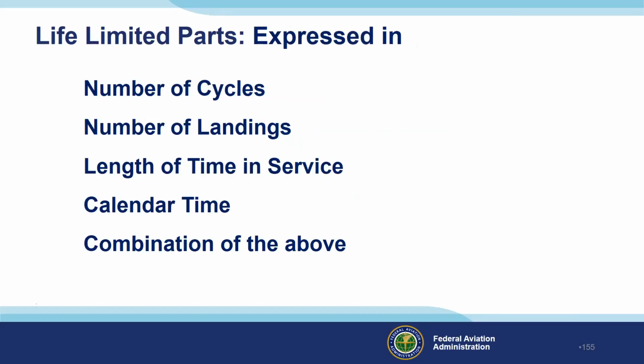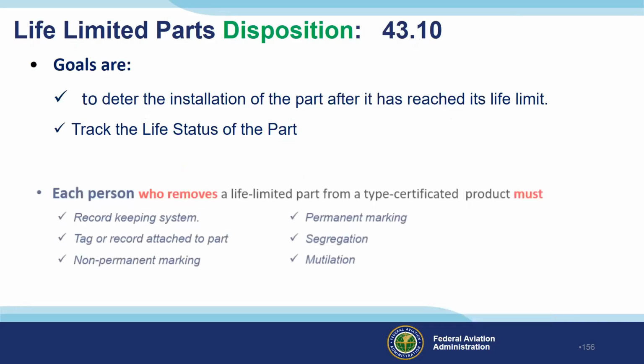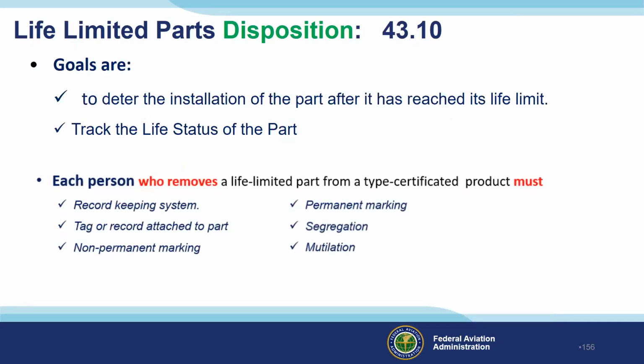Life limited parts can be expressed in the number of cycles, number of landings, the length of time in service, calendar time, or a combination of those. The disposition of life limited parts: the goal here is to deter the installation of the part once it's reached its life limit and to track the life status of the part.